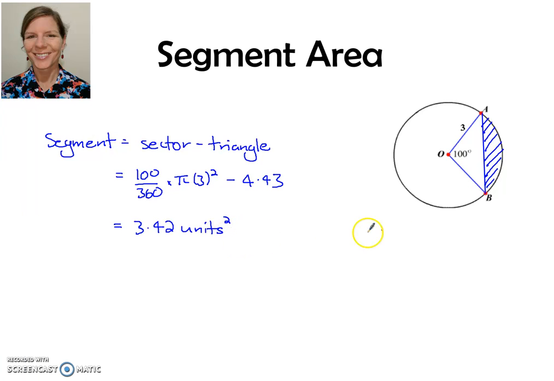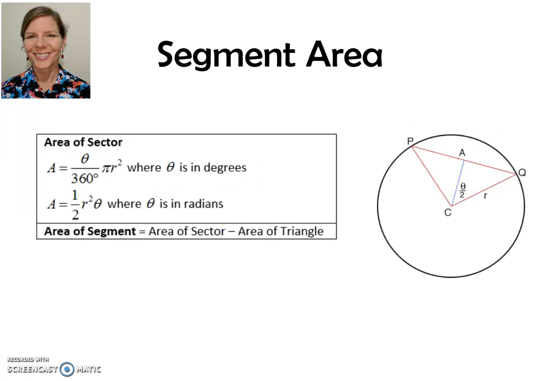So in order to get a generalization for segment area, we have the area of the segment is the area of the sector, given by this, minus the area of the triangle, given by that. So if we work that out, we get theta on 360 pi r squared minus a half r squared theta.